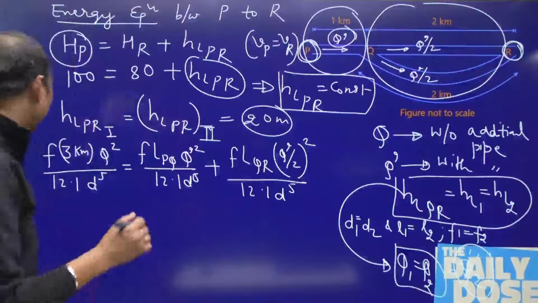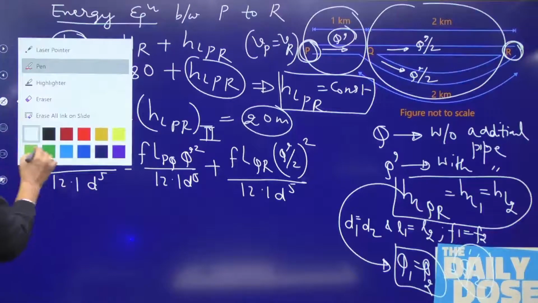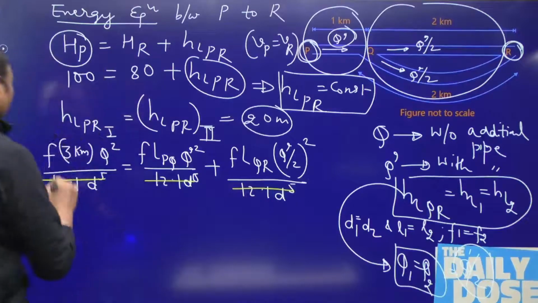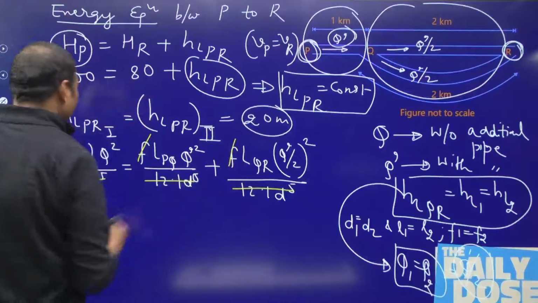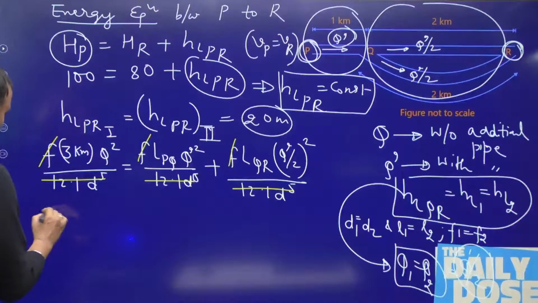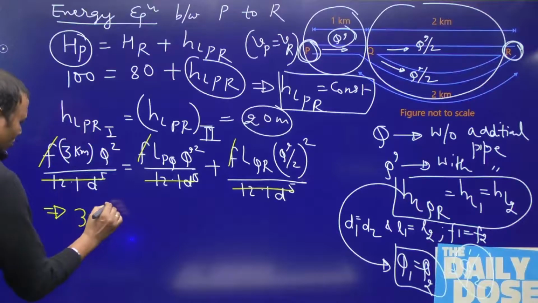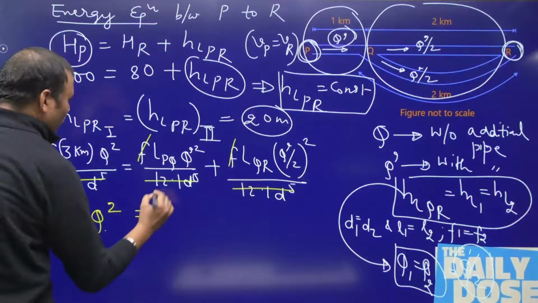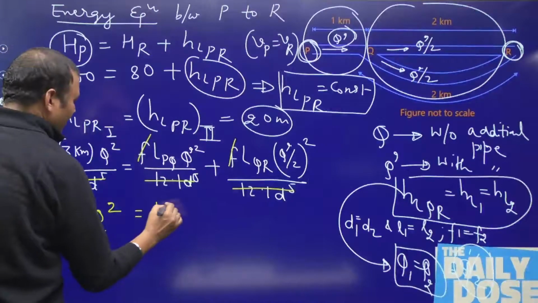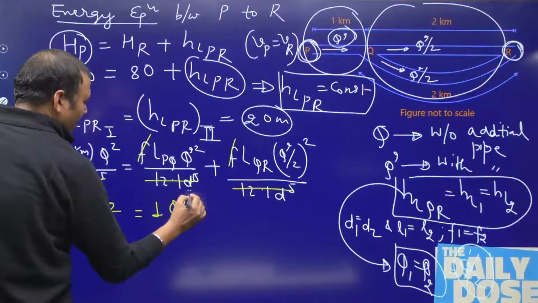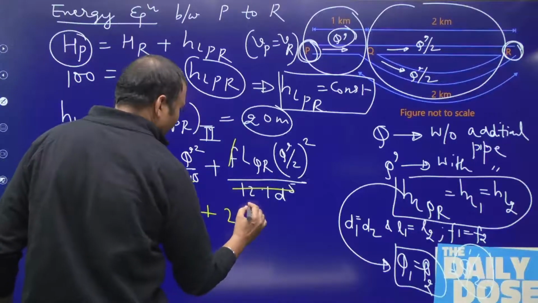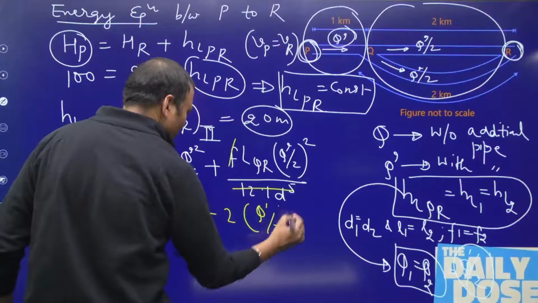Now, if we further simplify it, the denominator gets cancelled out. F is the same for all the pipes. Then it will be 3 into Q square is equal to, what is the length from P to Q? 1 kilometer into Q dash square plus the length between Q to R, 2 kilometer into Q dash by 2 square.